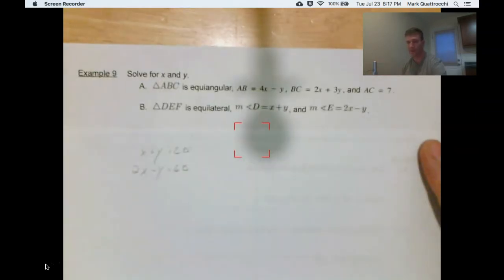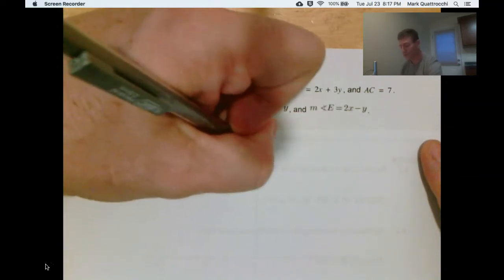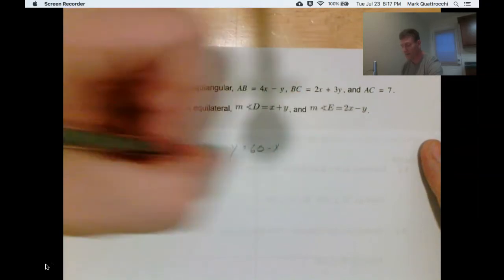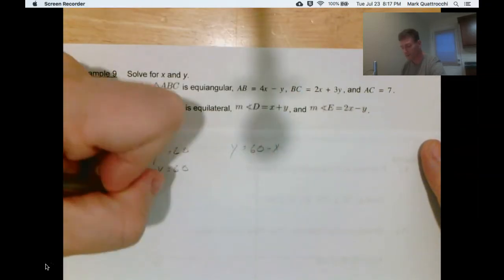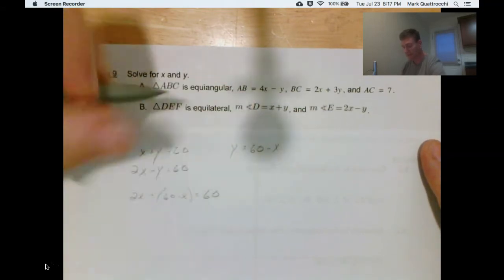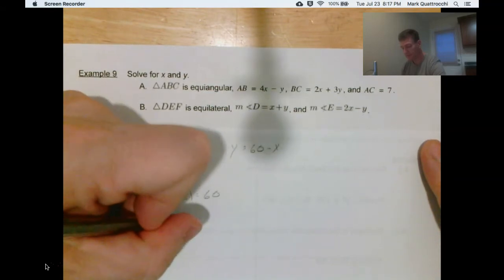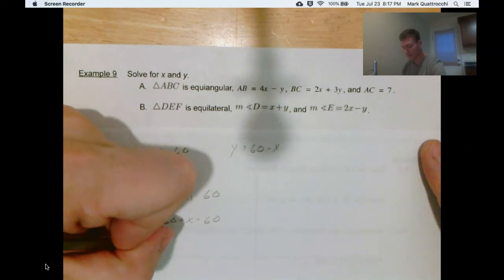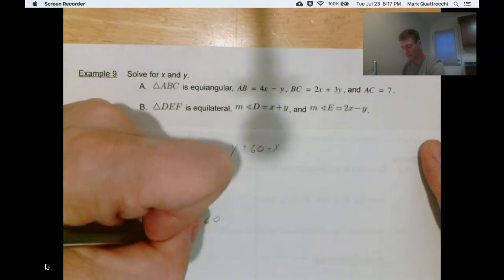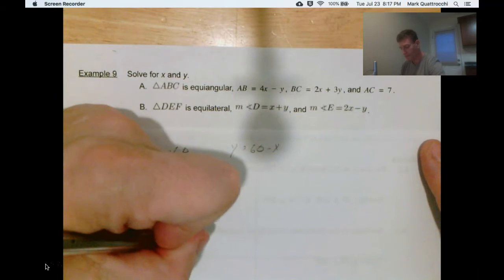So I'm going to use substitution just so that you see how to do it. Subtract x from both sides. Y equals 60 minus x. 2x minus 60 minus x equals 60. 2x plus 60 plus x equals 60. 3x equals, minus 60 here, equals 120.